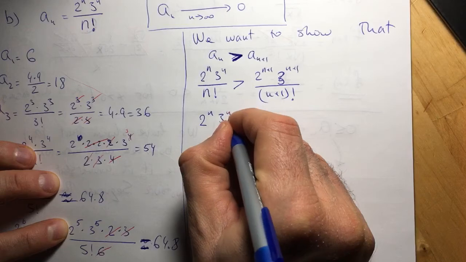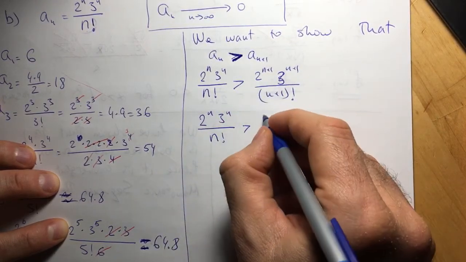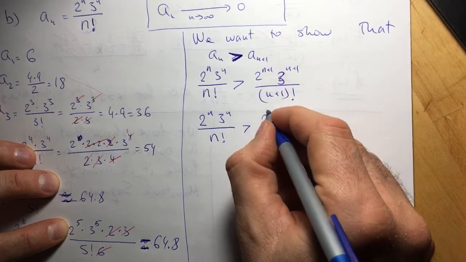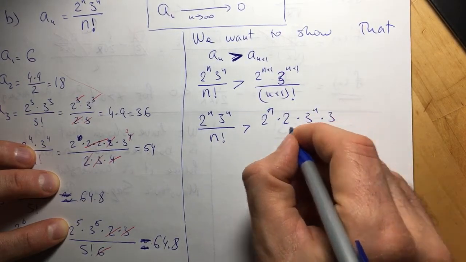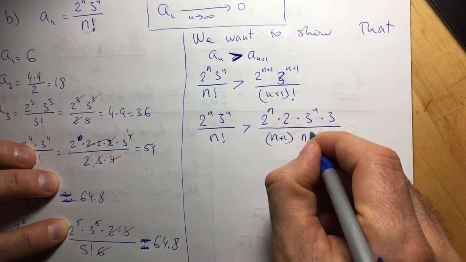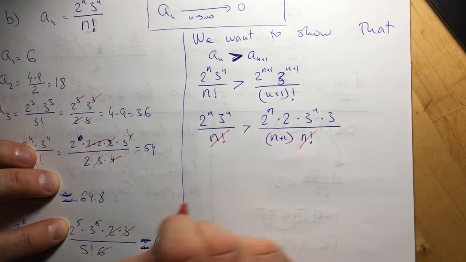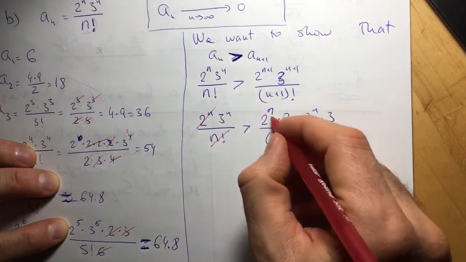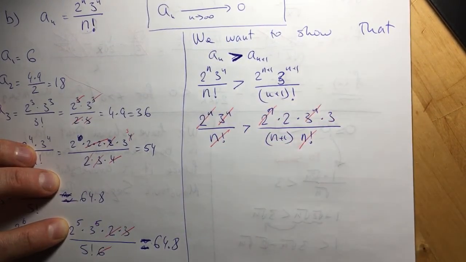So on the left hand side there is nothing to be simplified, but on the right hand side I'm going to write 2 to the n plus 1 as 2 to the n times 2, 3 to the n plus 1 as 3 to the n times 3, and then n plus 1 factorial is n plus 1 times n factorial. So let's cancel the terms that can be cancelled: n factorial and n factorial, 2 to the power n and 2 to the power n, and 3 to the power n and 3 to the power n.